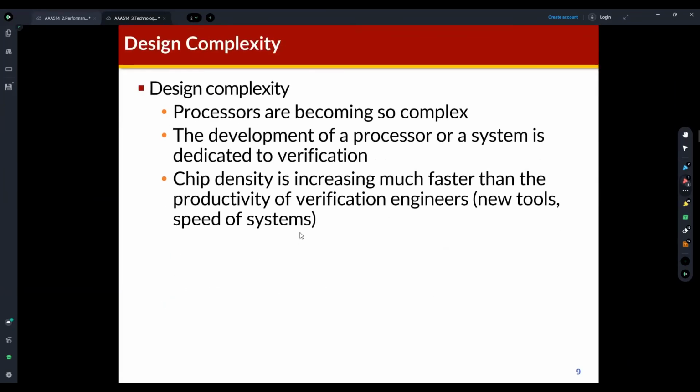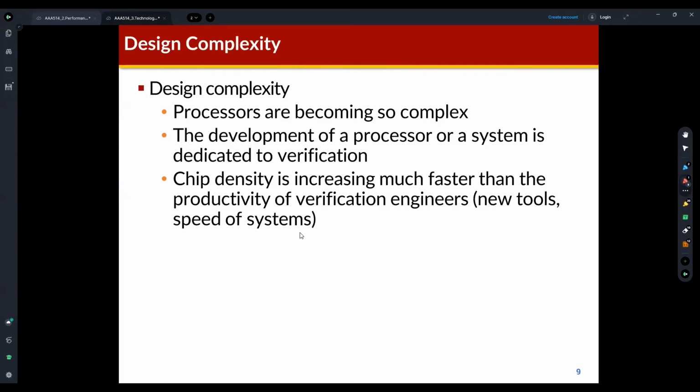And then design complexity. The current processor design is very complex, which means in order to make the entire chip, we need to verify our design. This is called the verification process, and it is also very critical.